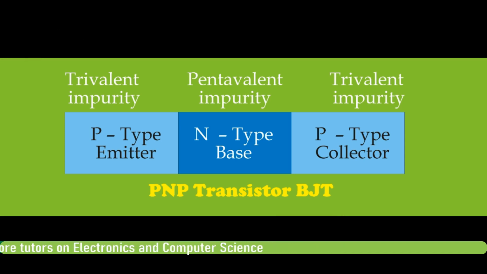But at the same time, if positive charges are flowing from left to right, the electrons will flow from right to left. So in this way, the current conduction in this device is due to both charges, the holes and the electrons also. So that is why this device is a bipolar device. That means it has two poles, positive as well as negative. So in this way, bipolar transistors are formed.